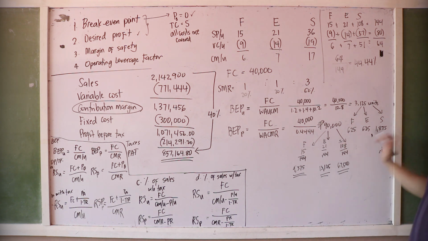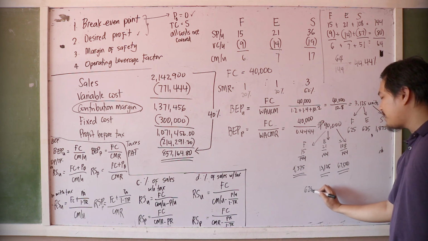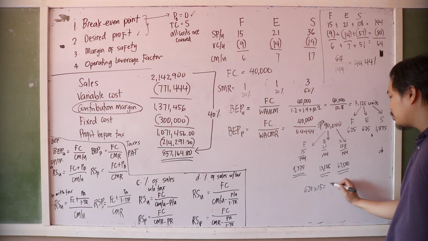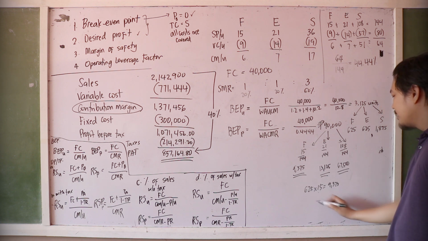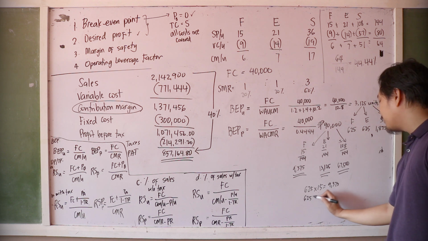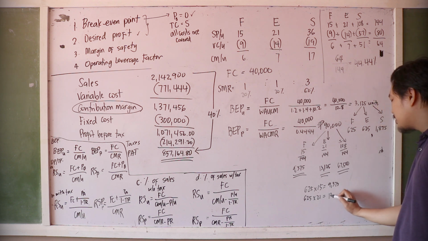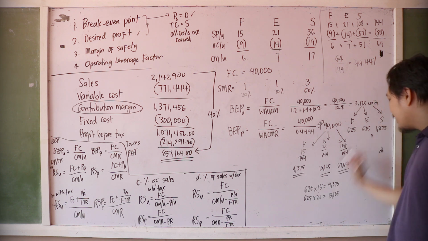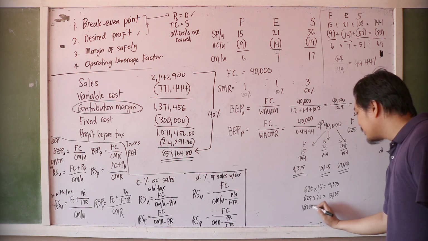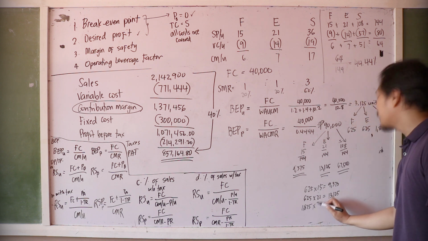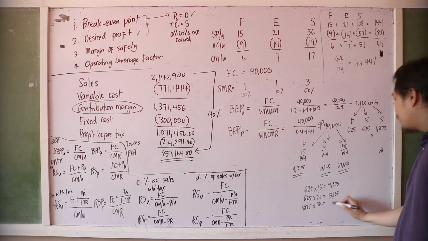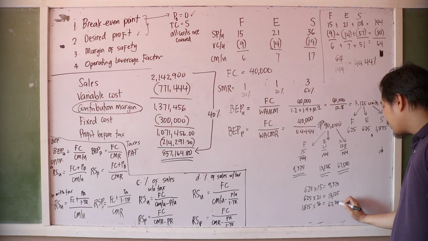Now, i-check natin. Is 625 times 15 equal to 9,375? Is 625 times 21 equal to 13,125? And is 1,875 multiplied by 36 equal to 67,500?